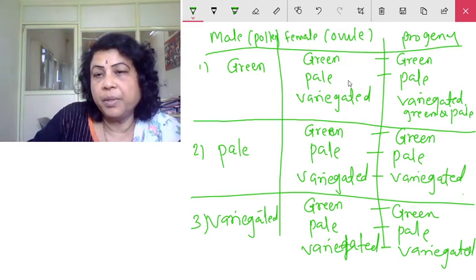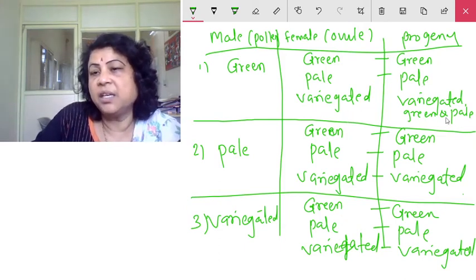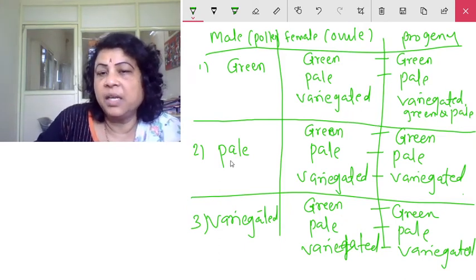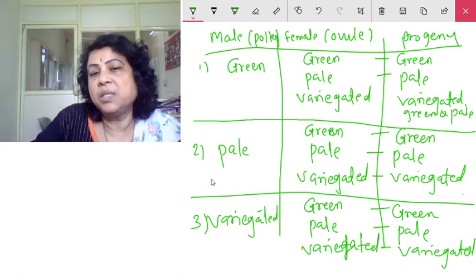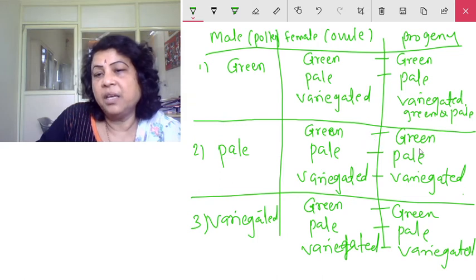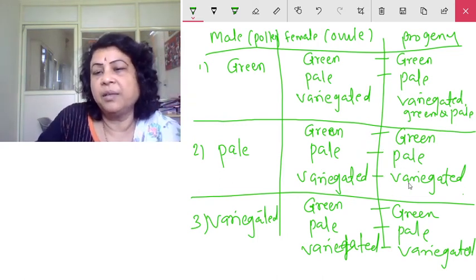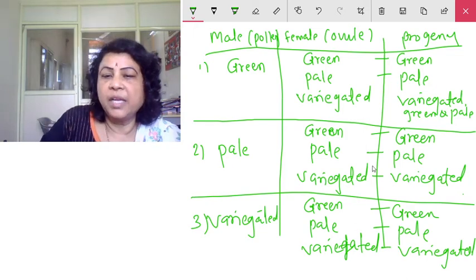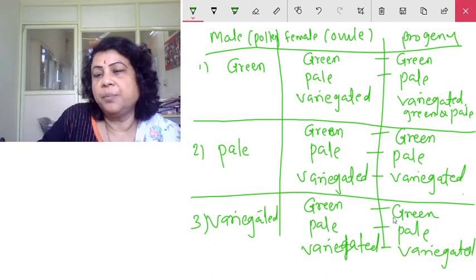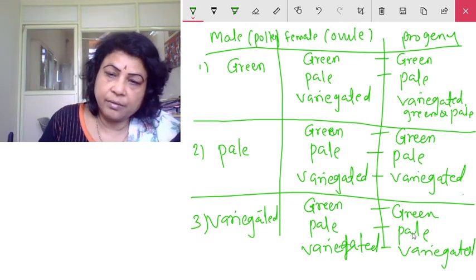When it comes from the pale, the progeny is pale. When it comes from the variegated, it is variegated. Similarly, even though the male is from the pale, if the female is from the green, it produces green progeny. If it is pale, it produces pale progeny, and the variegated produces variegated. Even with variegated male, green produces green, pale produces pale, and variegated produces variegated.